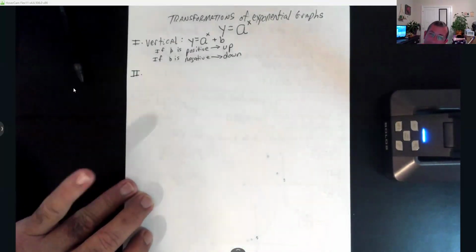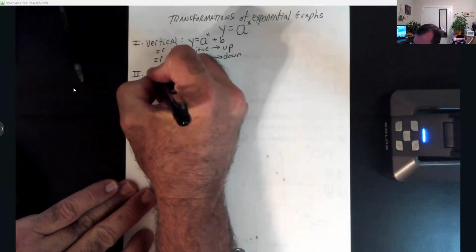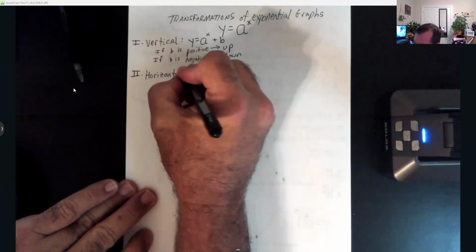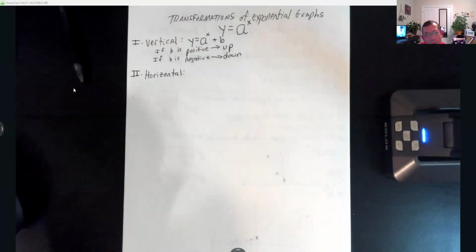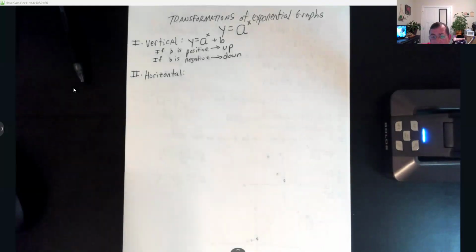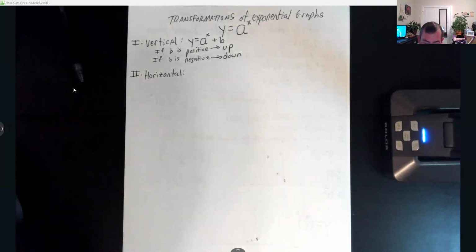The one that's going to be a little bit different is going to be the horizontal. But y'all, horizontal is still similar to 7.2 because I'm still attacking the x's, okay?